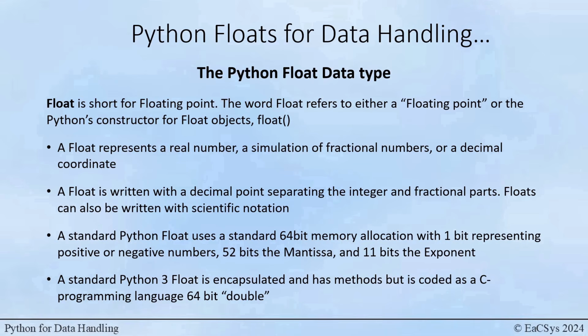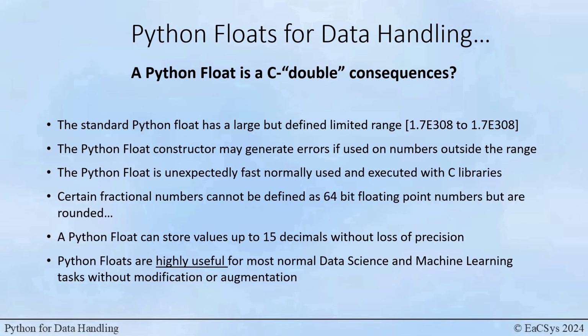In Python 3, a Python float is a native Python object, and the current Python float is implemented using a double definition in the C language. So what are the consequences of a Python float being a C double?